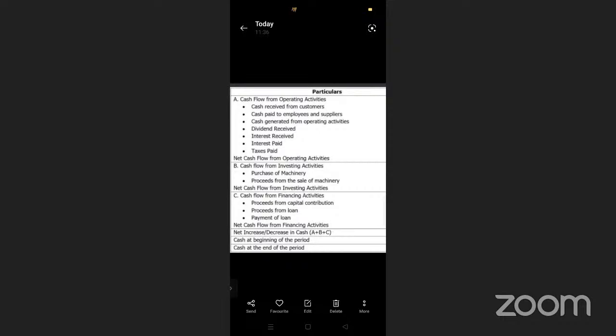So this is the format. In financing activities, whenever we are issuing shares, it means capital is coming, cash is coming. It's an income, so it will be a positive figure. Whenever you are paying any amount, such as redemption, repaying debentures, repayment of preference shareholders, cash is going out, so it will be a negative figure.